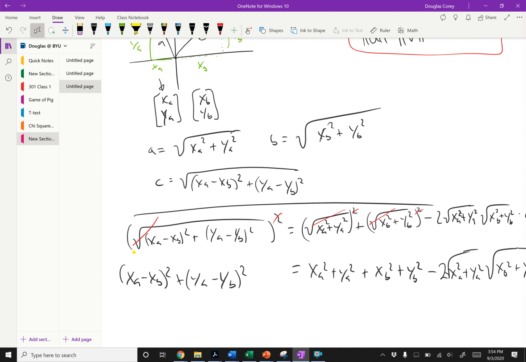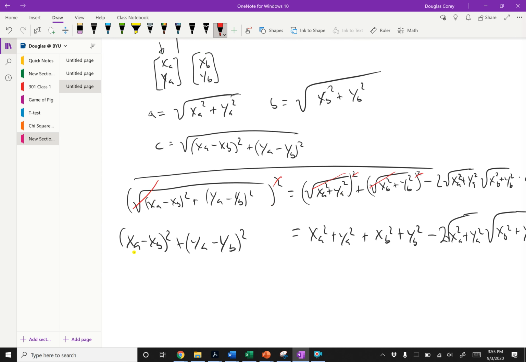And if I expand out this left-hand side, then I should have some things that cancel out.